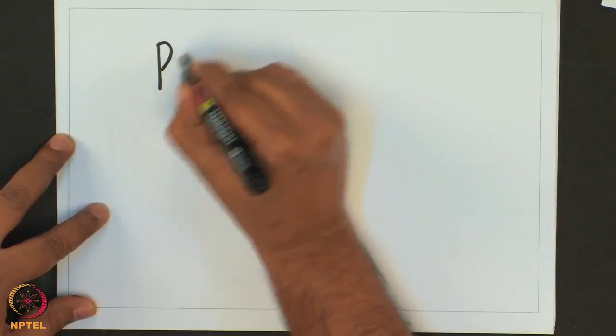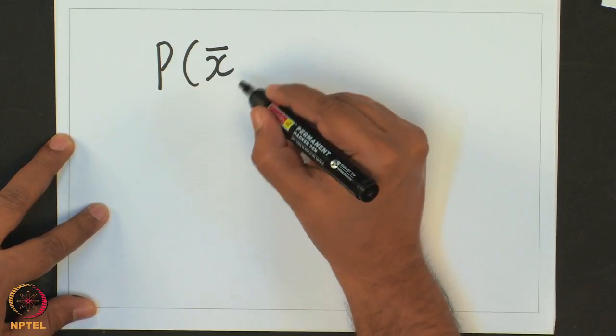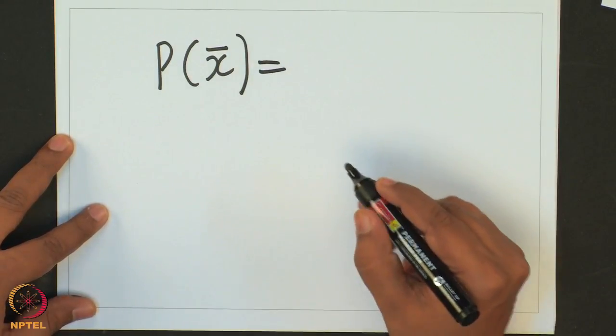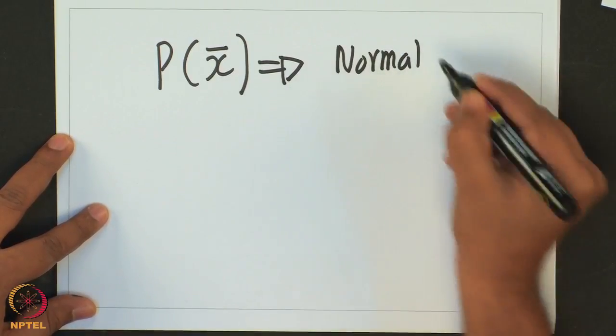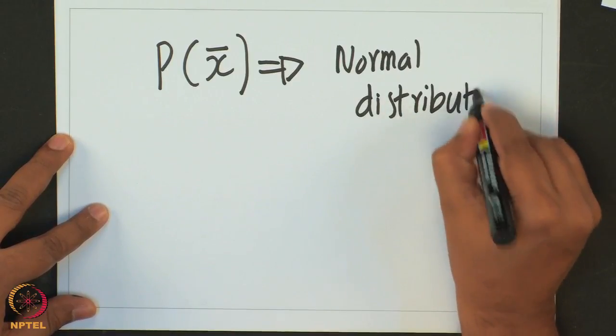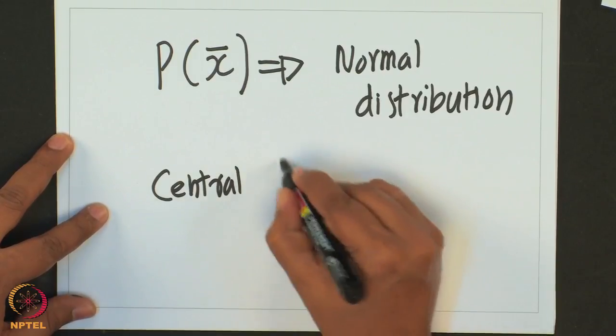Now we can plot the distribution of the mean values, that is, the distribution of the mean value itself, P of x bar. It turns out that this always would be a normal distribution. There is a theorem in mathematics which says the distribution of the means would be a normal distribution. This is called the central limit theorem.